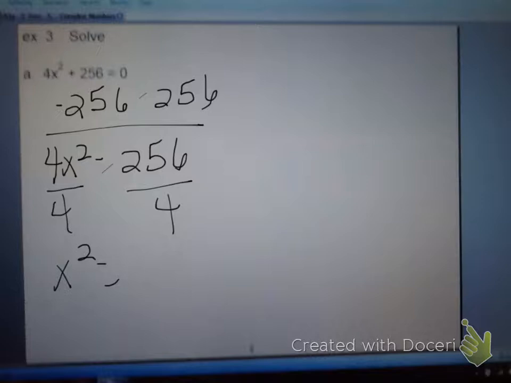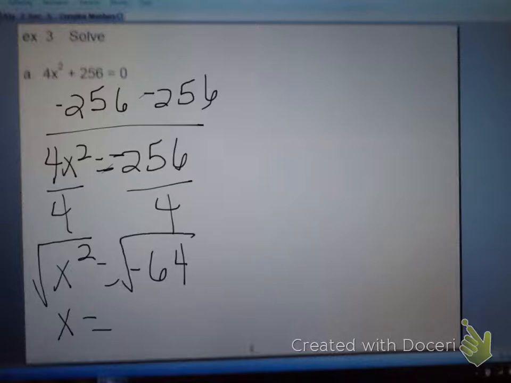And that's a negative, by the way. So that's a negative 64. Now, anytime we want to get x by itself, and it says x squared, we take the square root, because when you square a square root, what's inside falls out. So taking the square root of something that you're squaring, that's the opposite. But rule of algebra, what you do on one side, you must do on the other.